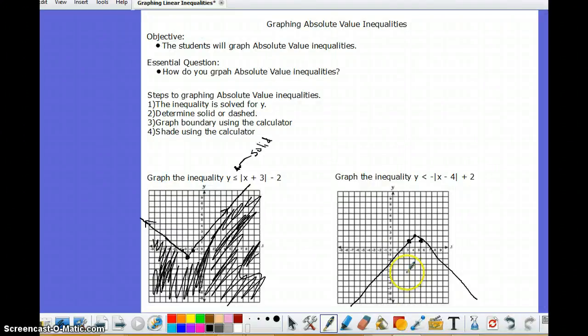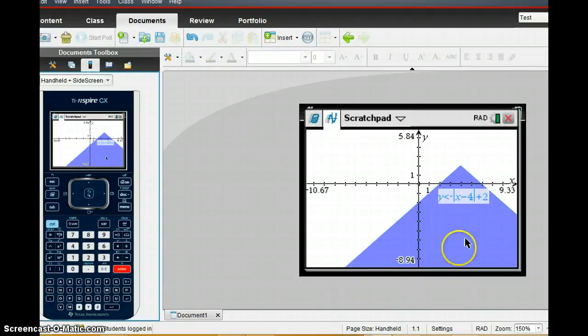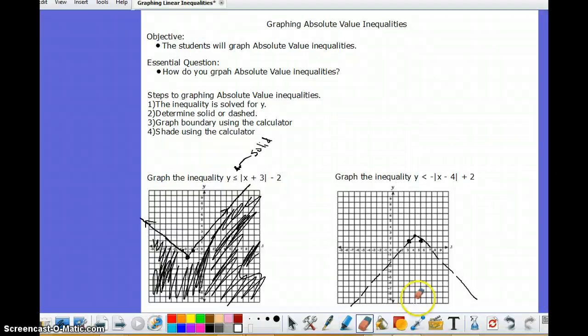So we didn't do that over here, we drew a solid one. So sometimes if you draw the solid one, you can then just erase spots to make the dashed if you'd like. And the shading is inside this area, so when we come back over here, our shading is all of this in here.